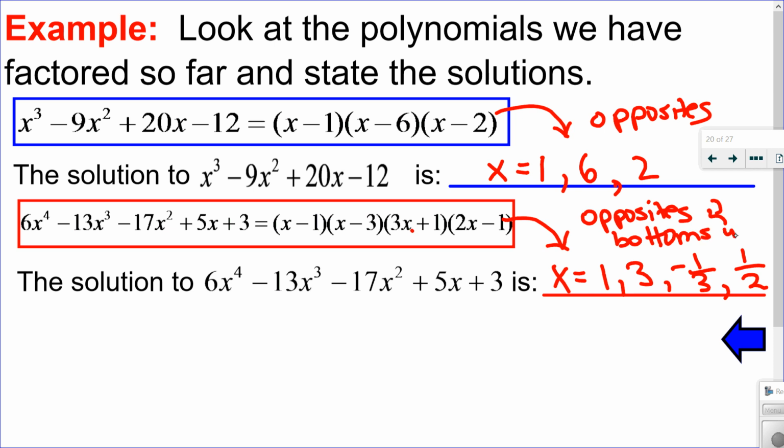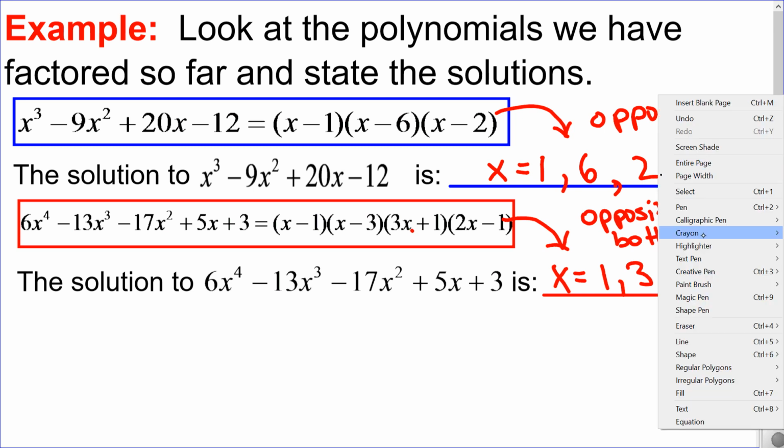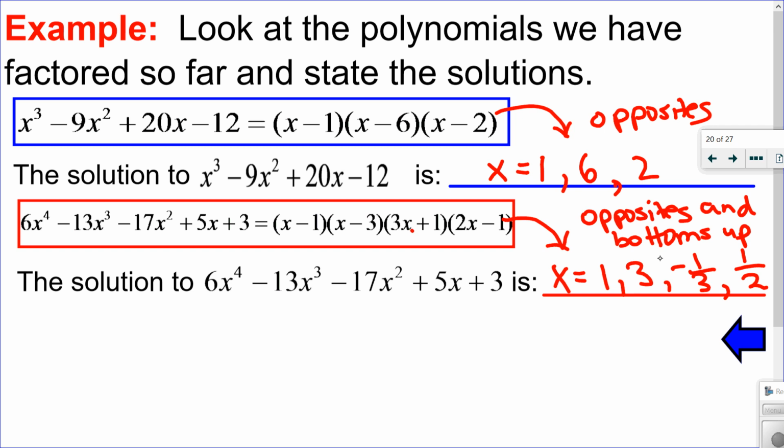Let me show you here. For example, if I have divide by 3, my bottoms go up to be a +3 in front. See here, I'm dividing by 2, that's my root. My factor bottoms up becomes 2 in front. That's what I mean by bottoms up.